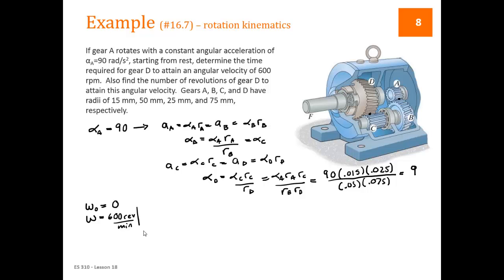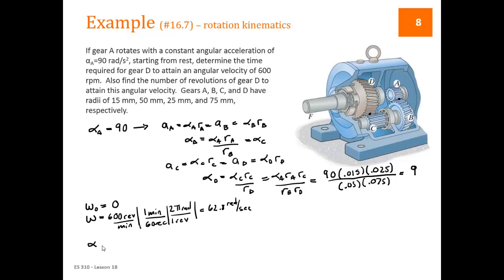But we need that in radians per second to keep our units the same. So in 1 minute, there are 60 seconds. And in 1 revolution, there are 2 pi radians. Multiply that out, we get 62.8 radians per second. So we have an initial angular velocity, omega, and a final omega.